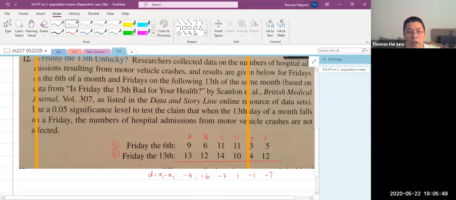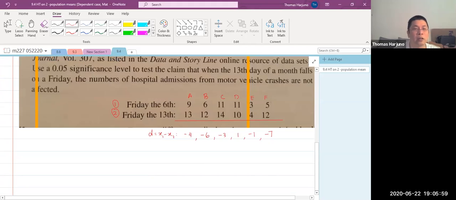These are the data. Now the sample size is equal to 6. The sum of D, adding them, is -20.